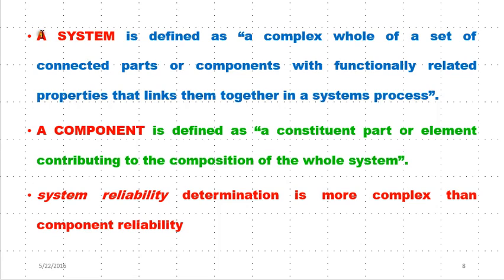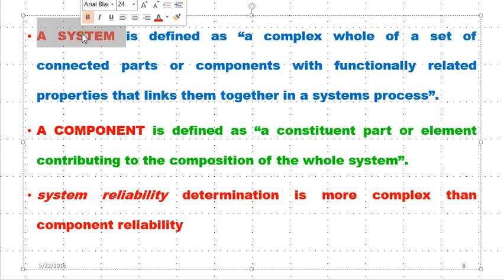So we now come and define what a system is. A system is defined as a complex whole set of connected parts or components with functionality related properties, in such a way that the combination of all these components put together will perform a particular task. Therefore, a system is a combination of different components.